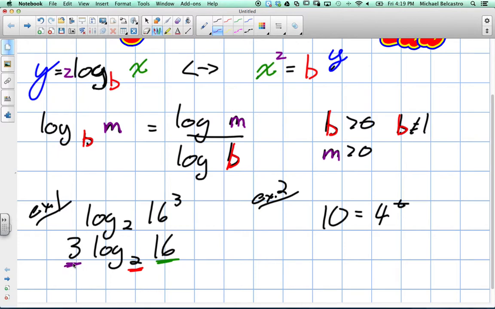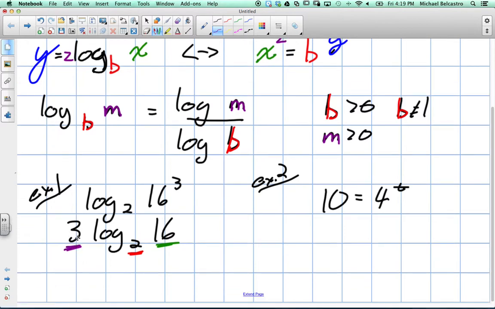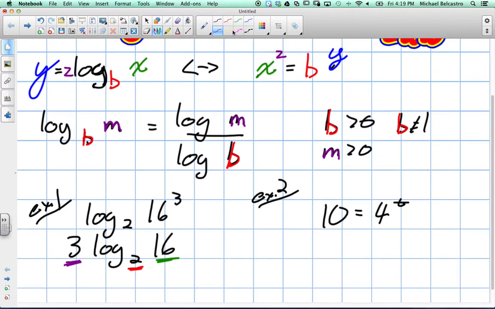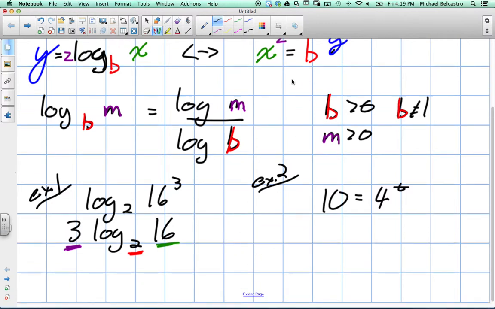So our 3 is our z in this case. If we're going to convert this to an exponent, our base is 2, just like our base above. Our y value, which is what this is equal to, we don't have a value for it right now, so it's an unknown. I shouldn't call it x, I should call it y.